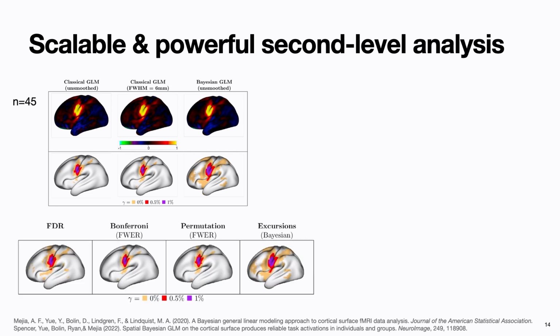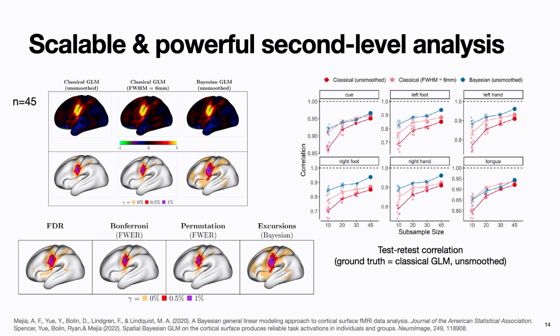And we did Bonferroni correction in that main figure, but also if we do FDR or permutation testing, the Bayesian model still has larger areas of activation. So the power is actually quite high, and this is one of the reasons that we often specify a minimum effect size of interest, so we don't identify these kind of broad, very subtle activations.